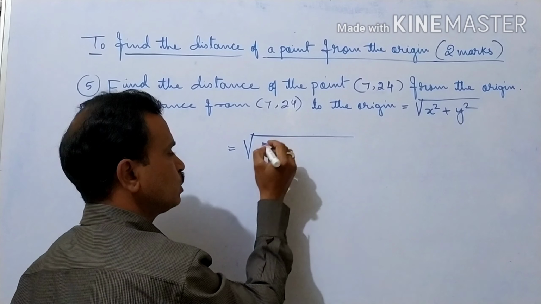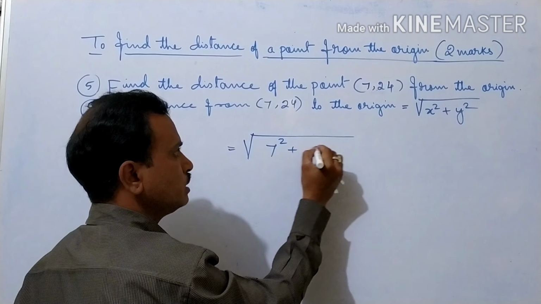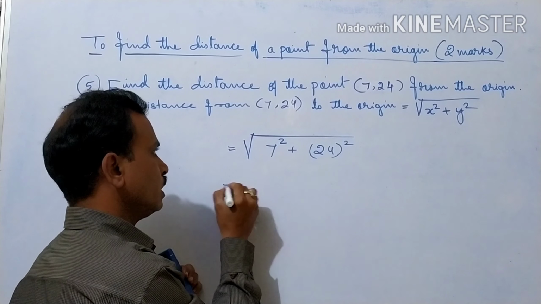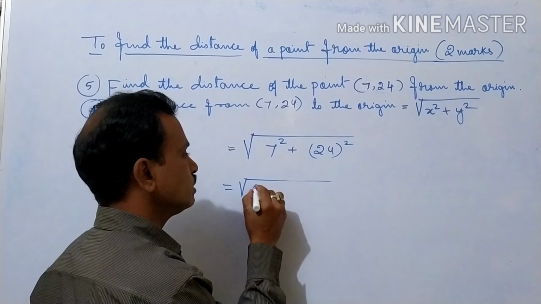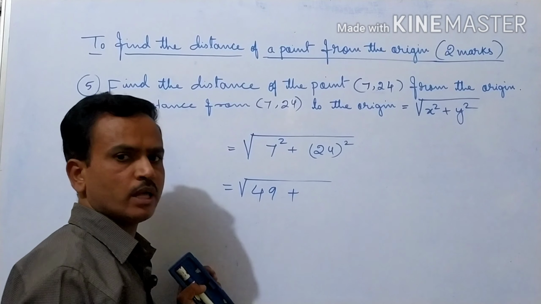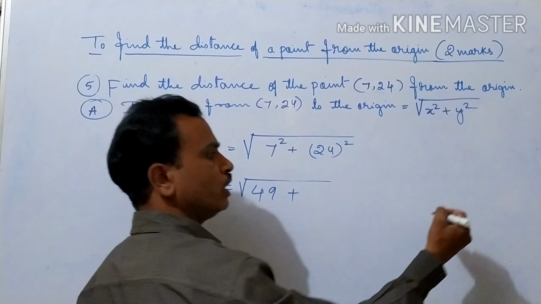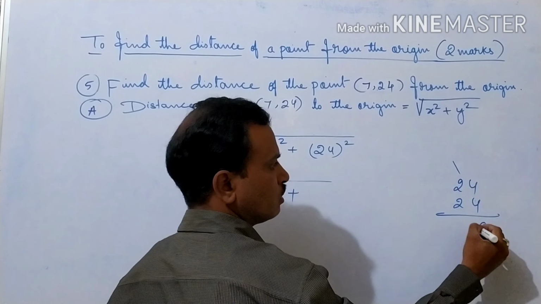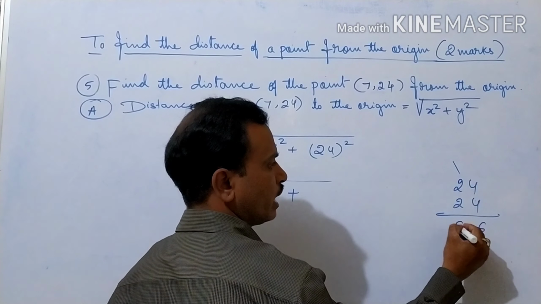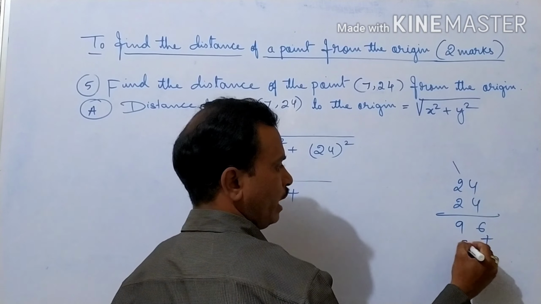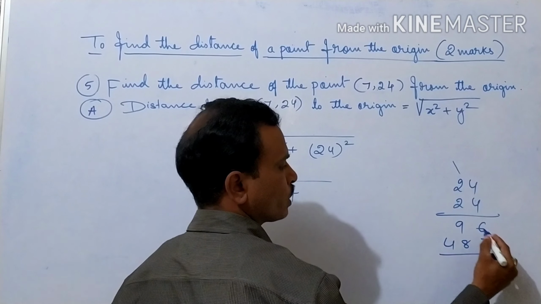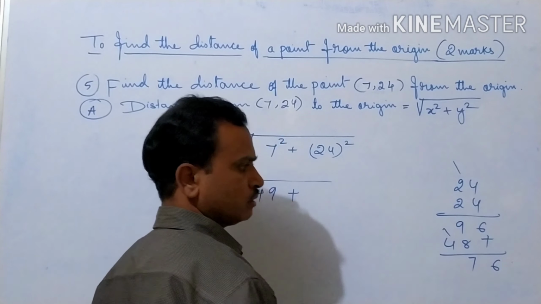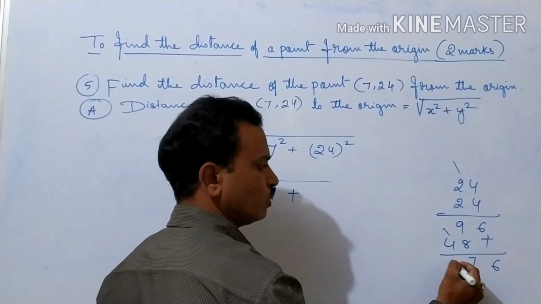Then 7 square plus 24 whole square. 7 7s are 49, then plus 24 into 24. Multiply 24 into 24, which gives 576.